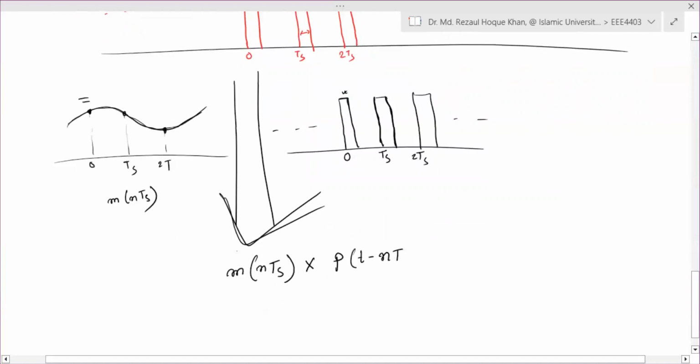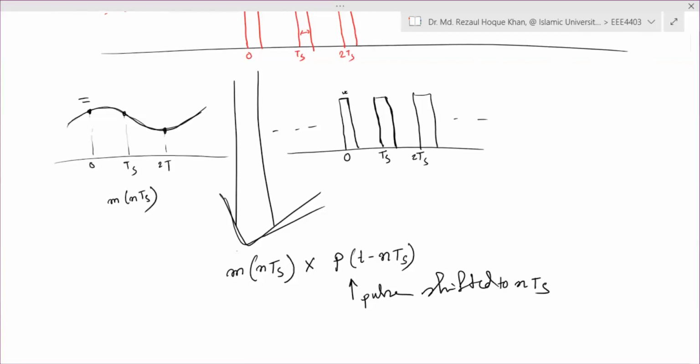These pulses are shifted to nTs, right? This is a pulse shifted to nTs.